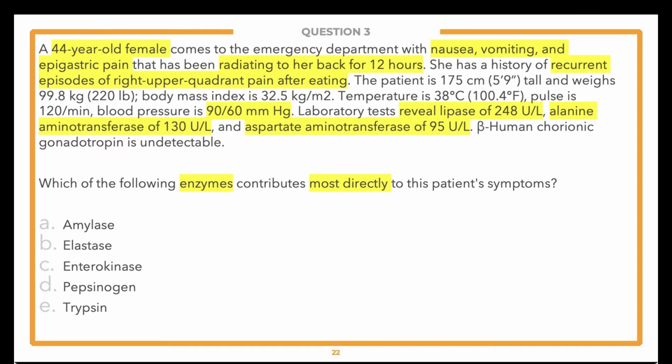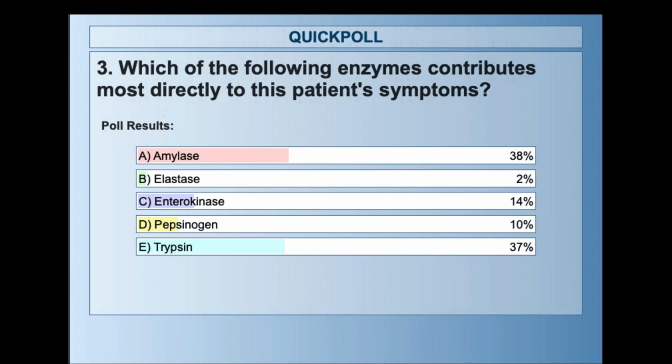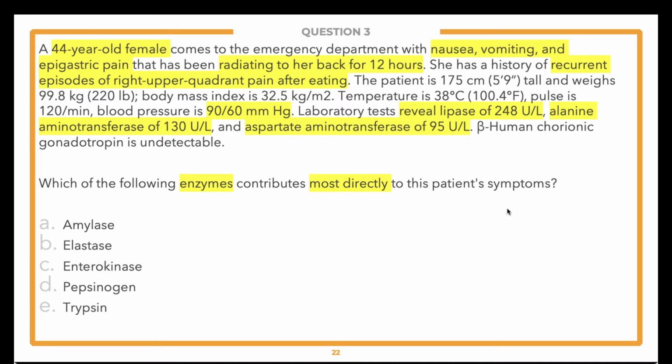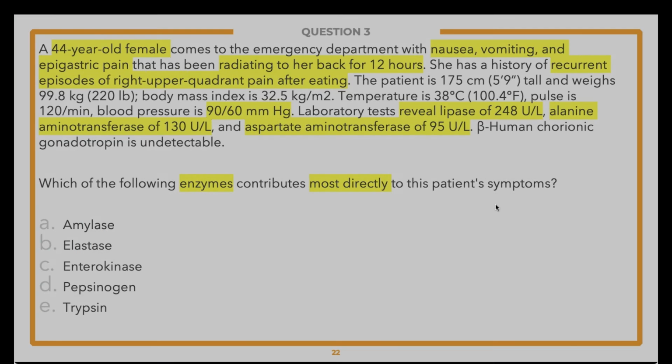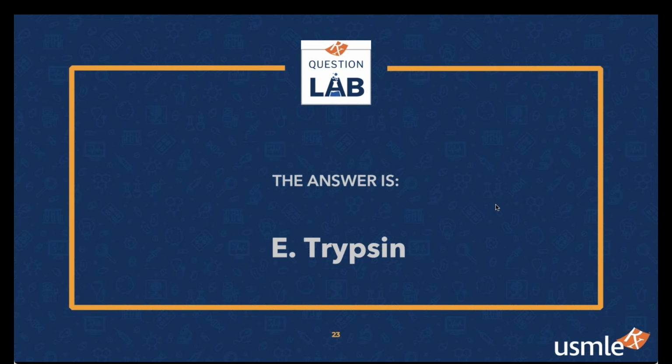and share the results. So as I said, this was a 2-horse race. It was split between amylase and trypsin. We had a few that went with enterokinase and pepsinogen, but it was really between A and E. So let's see. I'm going to hide the results, and we'll share the answer. And the answer is answer choice E, trypsin.